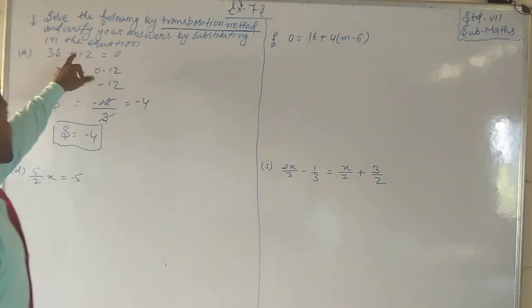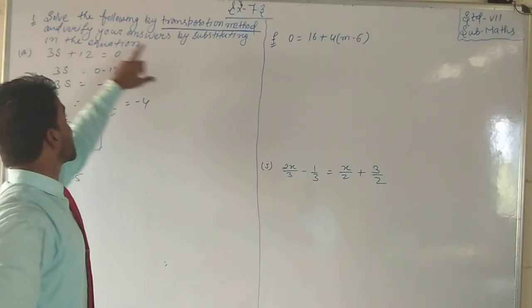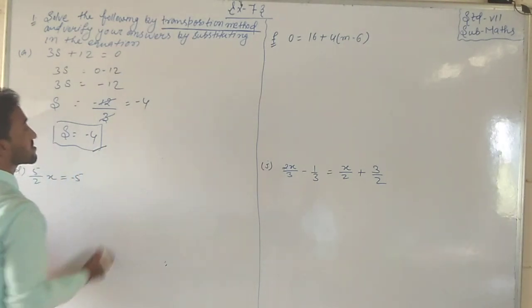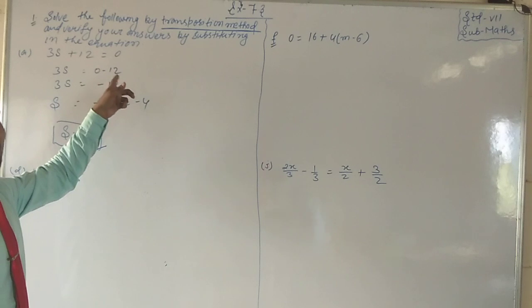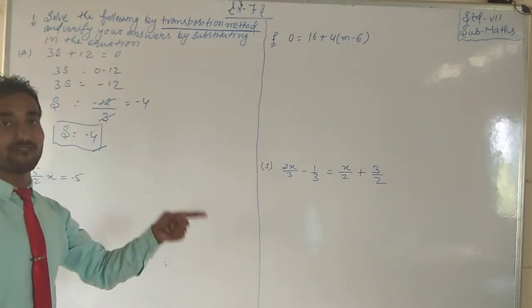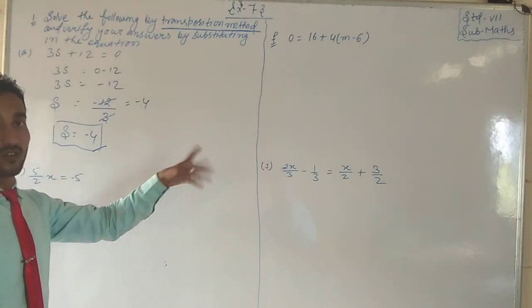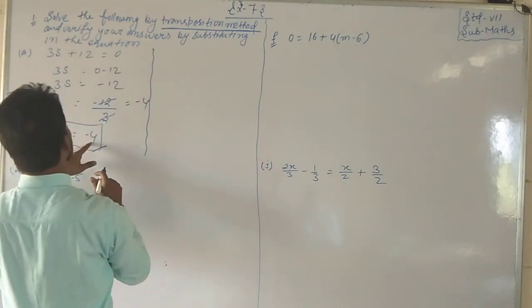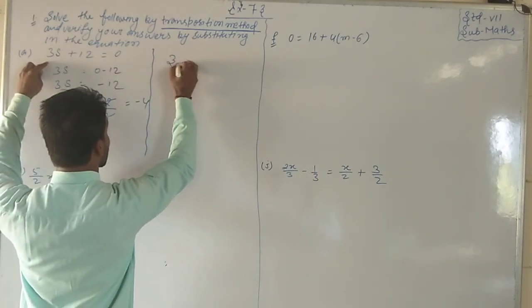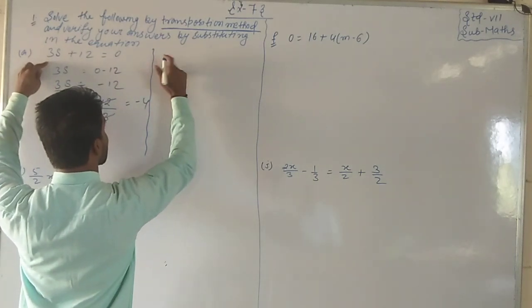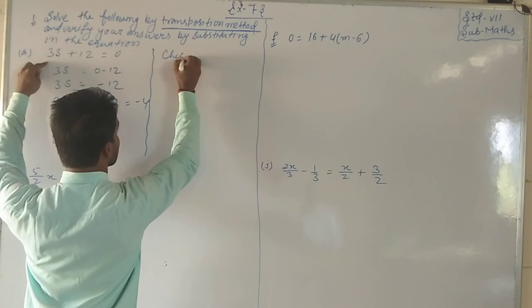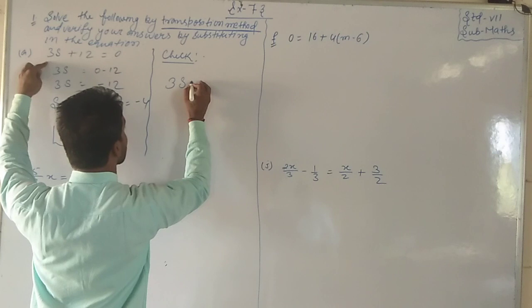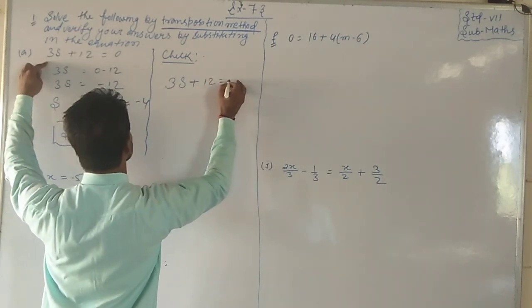The second part of the question says to verify your answers by substituting in the equation. The answer we got, we have to substitute in the given equation and check whether the equation is satisfied or not. S is equal to minus 4. The given equation is 3s plus 12 is equal to 0.